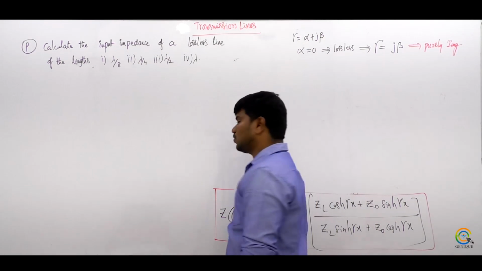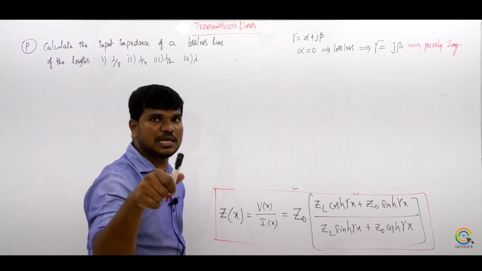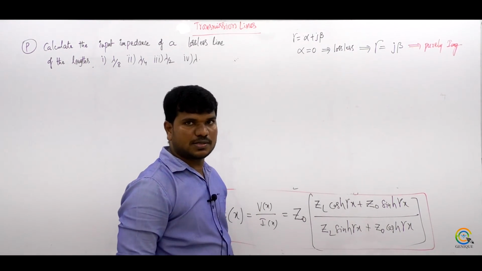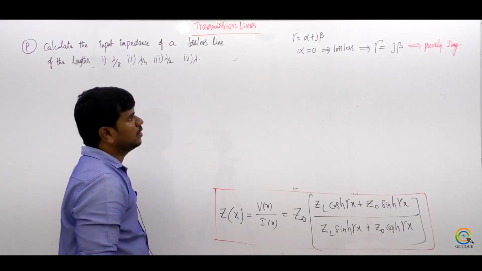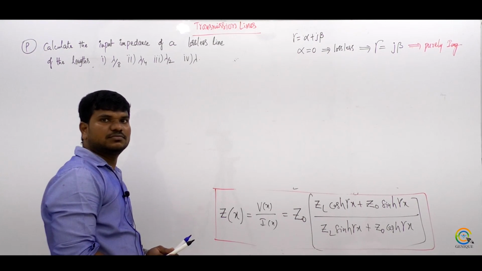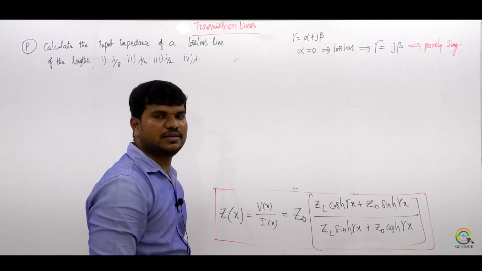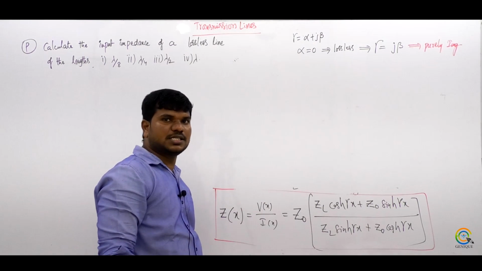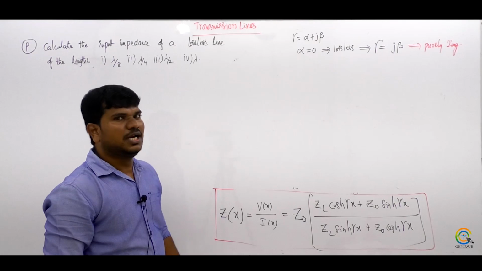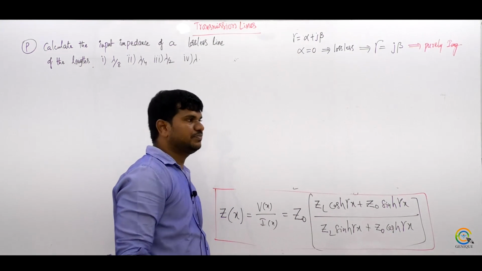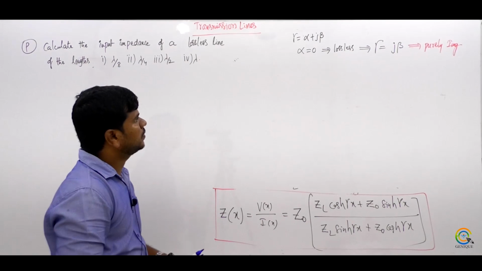That is the meaning you have to know. If gamma is purely real, then it is a purely lossy line. If it is a mixed version, meaning complex, it is a general medium, neither lossless nor lossy, in between.